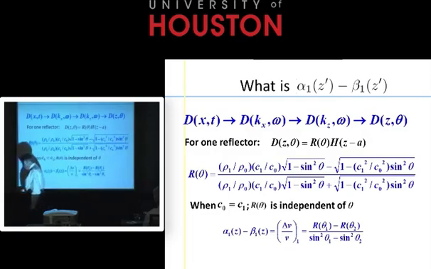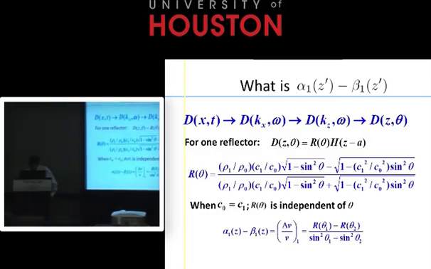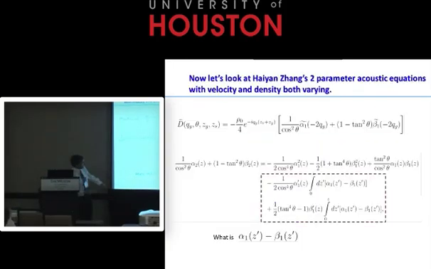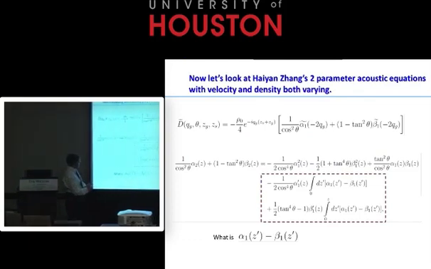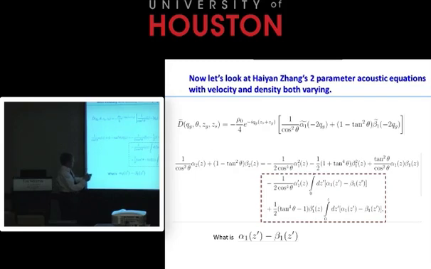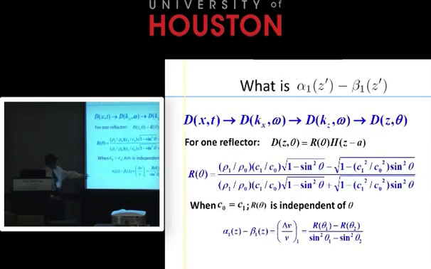If you look at the first equation, this first equation, alpha 1, beta 1, it's just a kind of acoustic AVO thing. If you give me two angles, I can solve for alpha 1 and beta 1, and then alpha 1 minus beta 1, yes? Two angles, you get alpha 1 and beta 1. When you do that, you get the following.